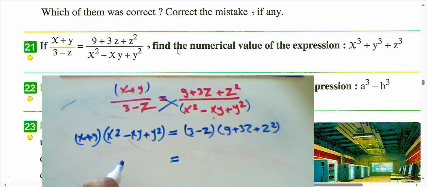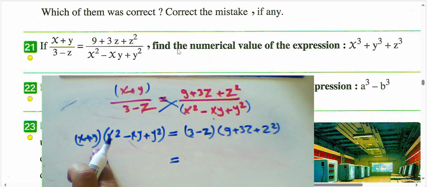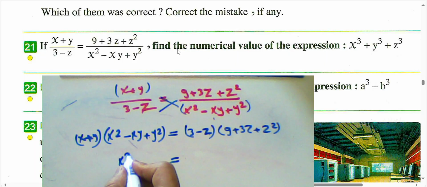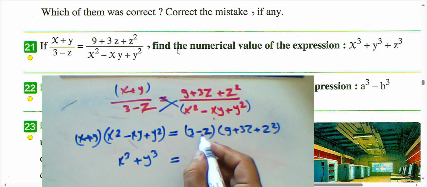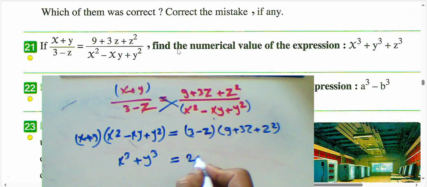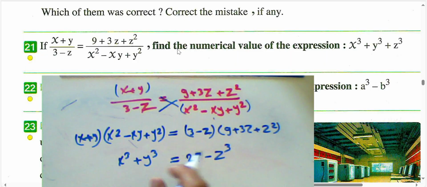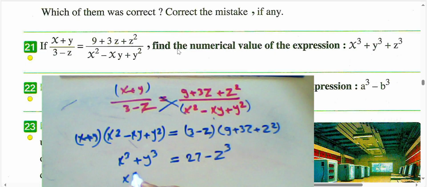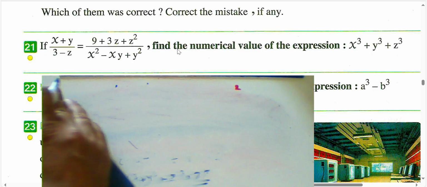This expression is the sum of two cubes, x power 3 plus y power 3, and here 3 power 3 equals 27 subtract by z power 3. Then to find the value of x power 3 plus y power 3 plus z power 3, you can move the negative z power 3 to the left hand side. Then x power 3 plus y power 3 plus z power 3 will equal 27. Then the answer here equals 27.